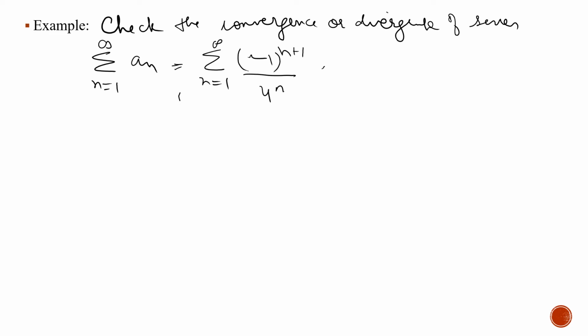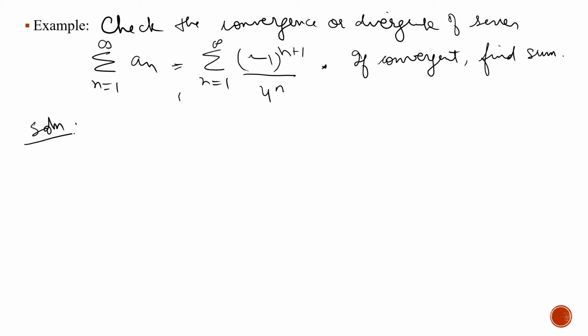This is your series and you have to check whether it is convergent or divergent, and if it is convergent, then find the sum. So this is your question, so let's solve this.